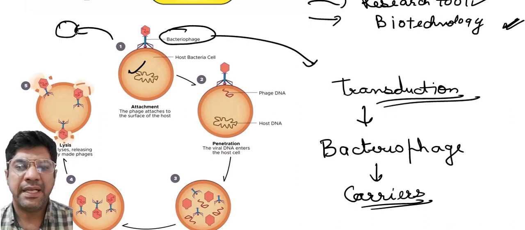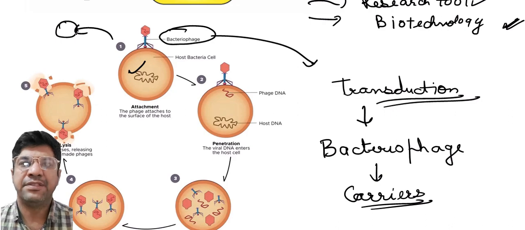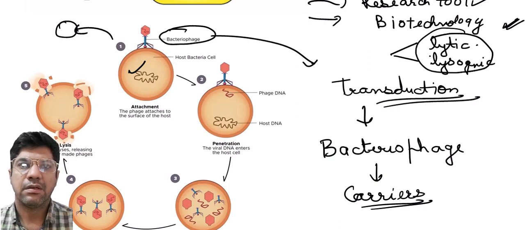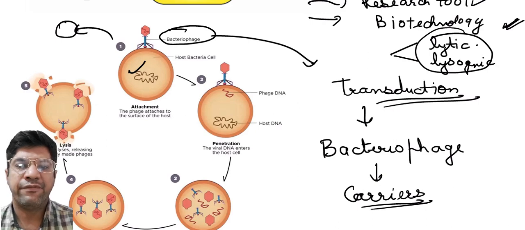Now these bacteriophages exhibit two distinct life cycles. One is lytic and the other is lysogenic. These cycles have different outcomes for the host bacterium and the phage itself.